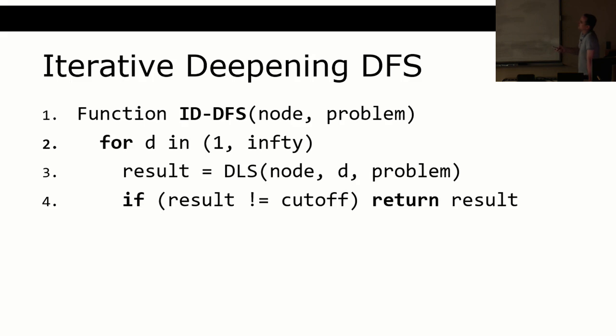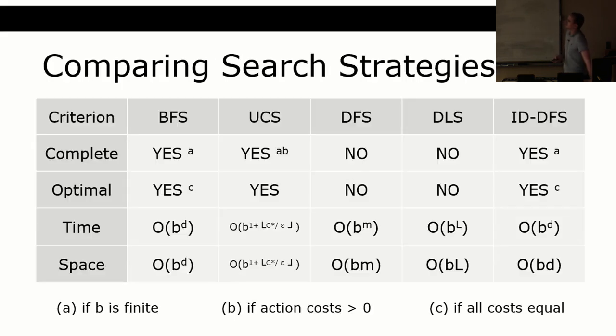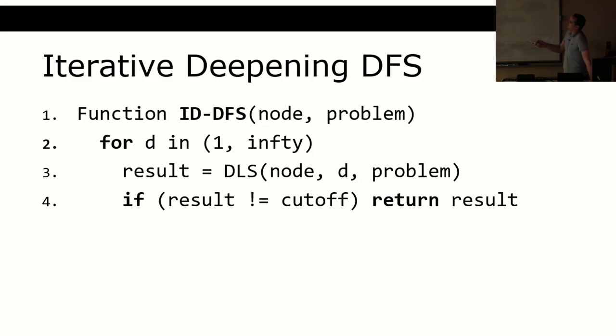If the result was not equal to a cutoff, meaning that we found a solution or we searched everything, which means there is no solution, then we return that result. Otherwise, it doesn't actually say an otherwise here, but if that is not true, then we just go to the next depth, and the next depth, and the next depth. So if the first solution is at depth 6, we'll find it at depth 6 with this algorithm.